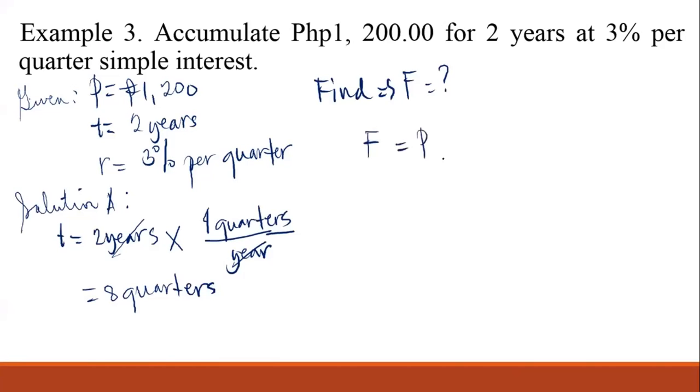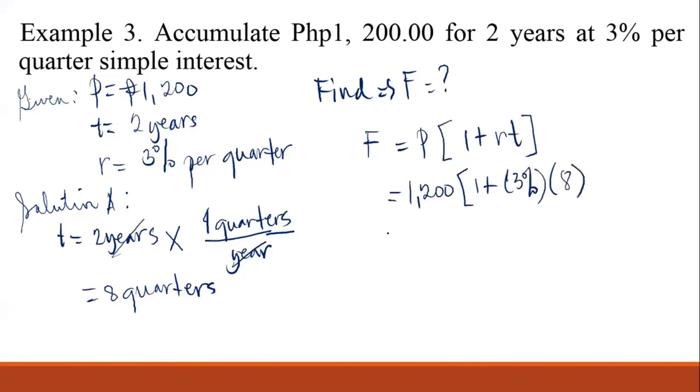So, we're going to use this formula again. So, substitute lang natin yung mga values. 1,200 times 1 plus yung rate natin, which is 3% times yung term na 8 quarters. Okay? 8 quarters na yun.